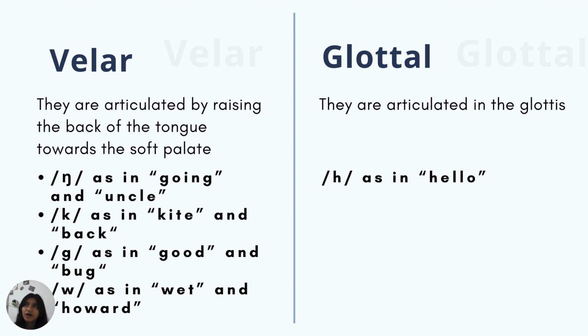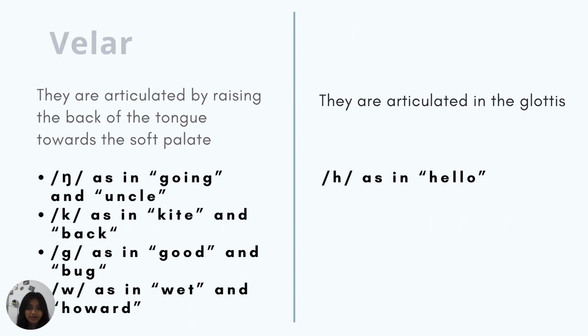When we pronounce it in words, it's like in uncle. And then the glottal, which is articulated by our glottis, where the sound just comes out from the glottis, as in hello, hi, and so on.